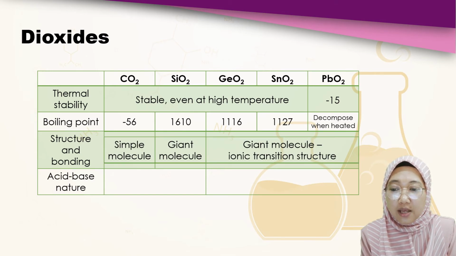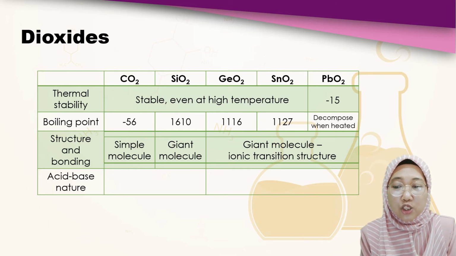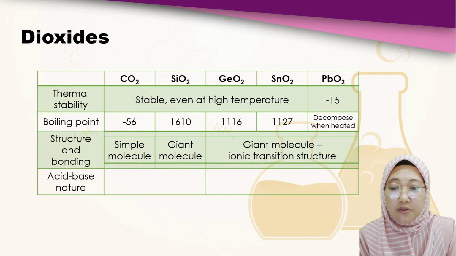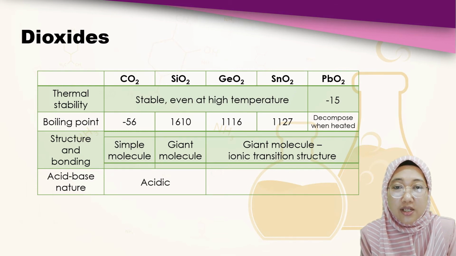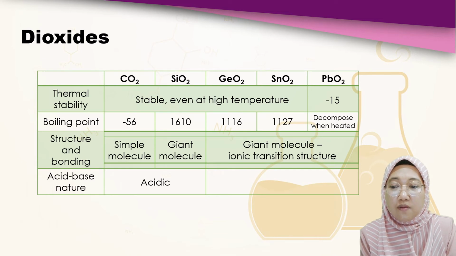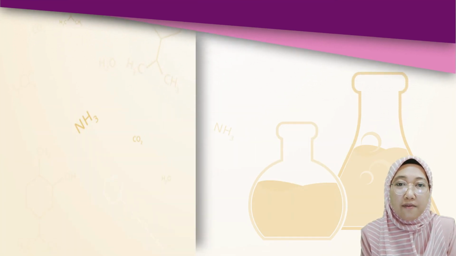Okay, structure and bonding for carbon dioxide simple molecule, silicon dioxide giant molecule, and the rest is a giant molecule ionic transition structure. Okay, their acid-base nature for carbon dioxide and silicon dioxide is acidic, and the rest are amphoteric.